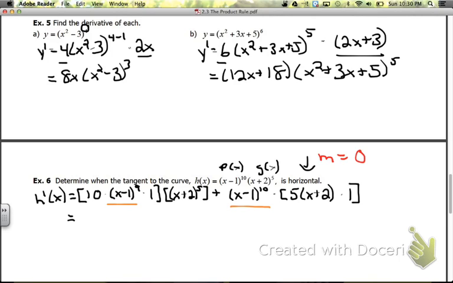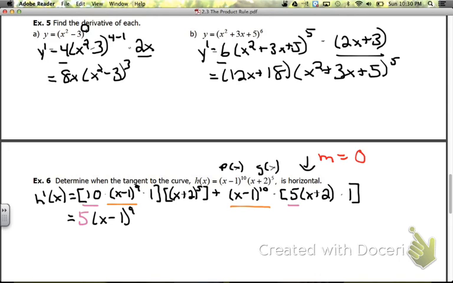I hope everyone can see that. So we're going to factor out (x minus 1) all to the power of 9. Also, when you're looking at your constants, I have a 10 and I have a 5. With the 10 and 5, I know that I can factor out, so this is just common factoring, a 5.